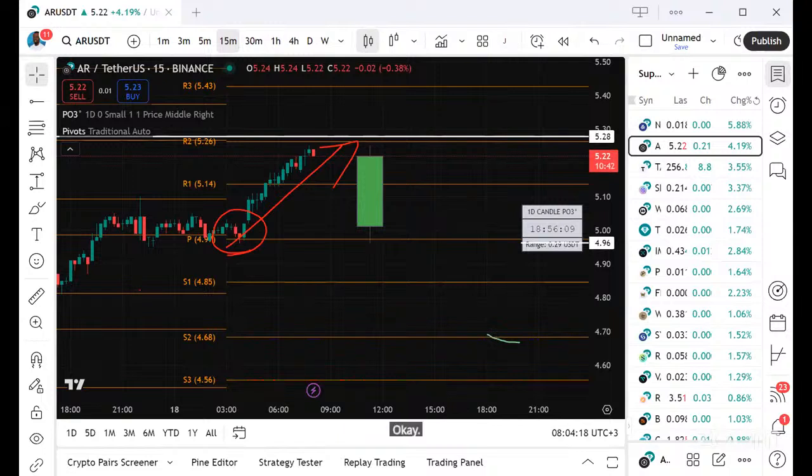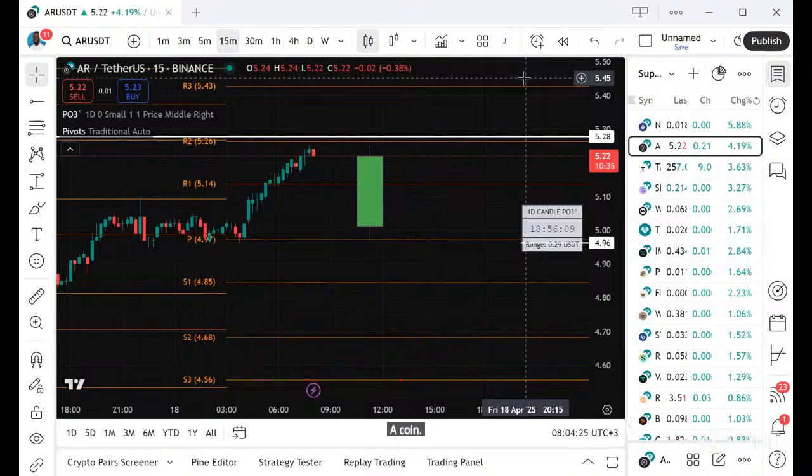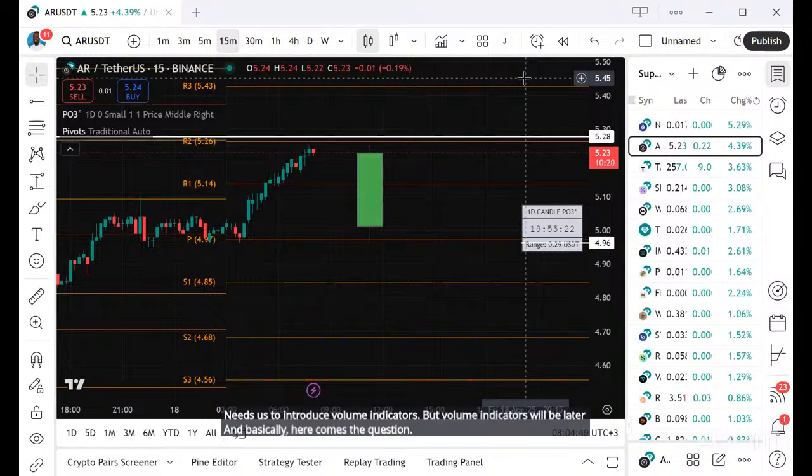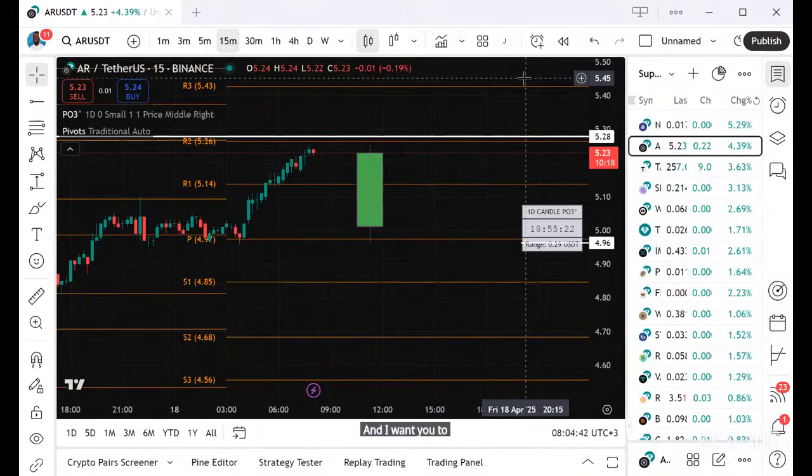Good. A coin with good momentum needs us to introduce volume indicators, but volume indicators will be later. But basically, here comes a question, and I want common sense, for you to know that a coin is doing well without you thinking so much.